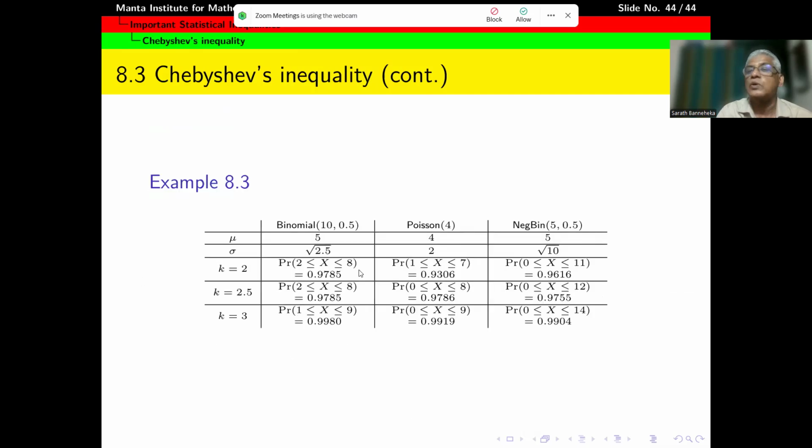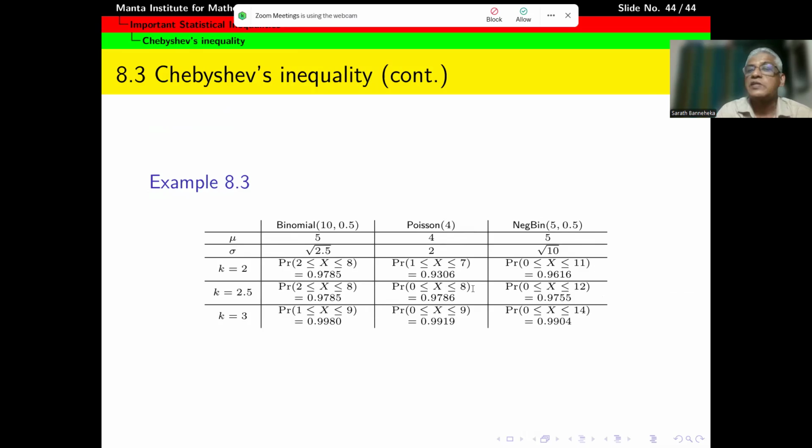Here I have looked at the same situation for some discrete distributions: binomial, Poisson, and negative binomial. Still, we can see that the actual probabilities are greater than the lower bounds given by the Chebyshev's inequality.